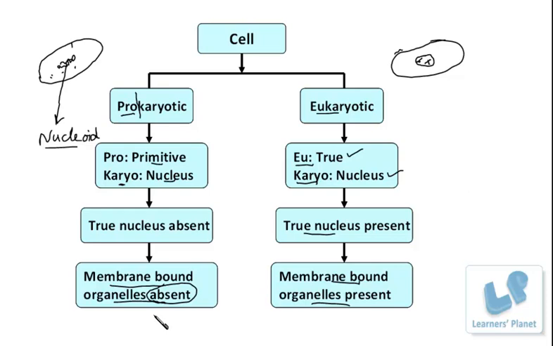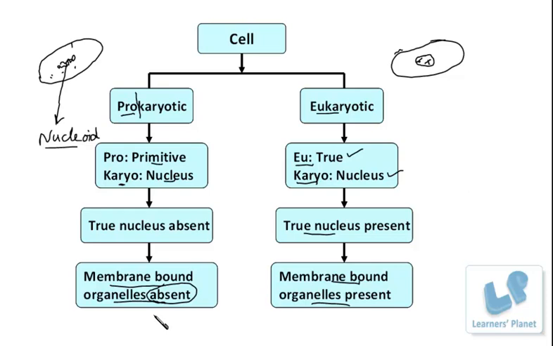Now the point is, just give some shape to your imagination. Can you think of some examples of these prokaryotic and eukaryotic organisms? Let us say, if it is prokaryotic, then an example could be bacteria. You know what bacteria are, right? You must have heard about them.